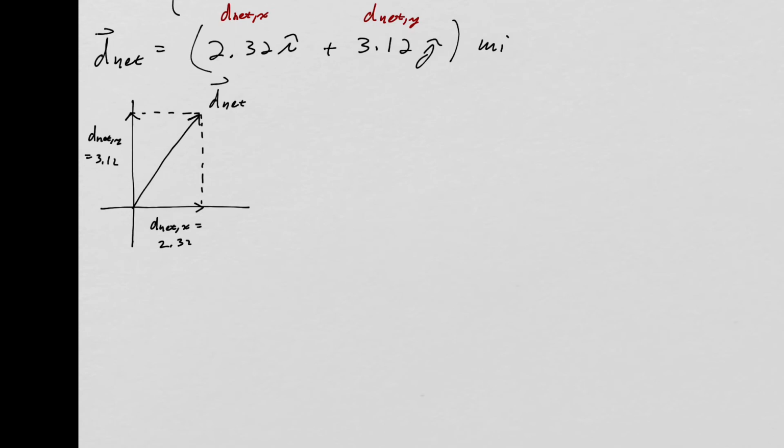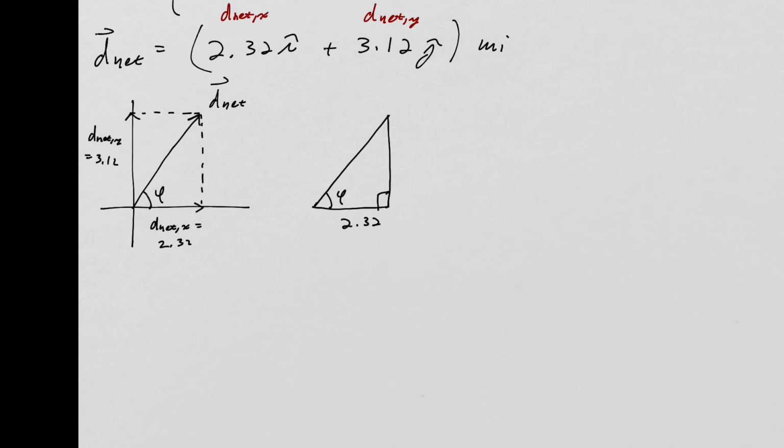Okay, so I want to find the magnitude, which means the length of that vector, and I want to find the direction, which means this angle theta. Or in this case, I'll use phi for my angle. So what I usually do is I extract out the right triangle that contains the reference angle, which is that phi. So this is phi. I know this length is 2.32.